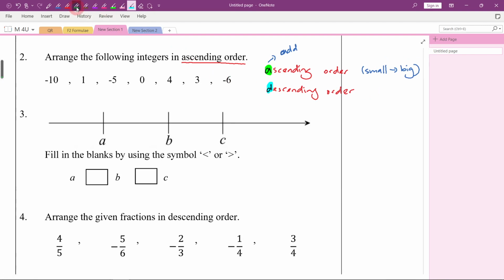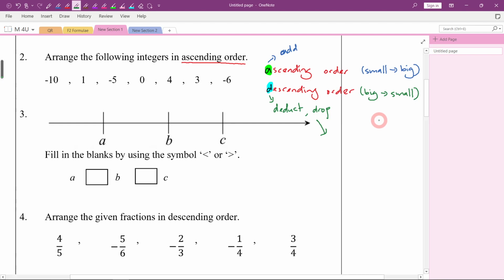Look at D. You can think about deduct, which means minus, or drop. So from big to small. Big to small.